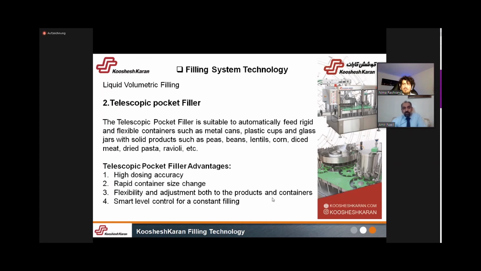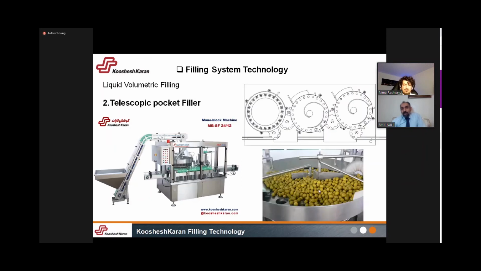This is the shape of the telescopic pocket filler. As you see, this kind of machine is for filling olives inside the jar. And we have, for example, different kinds of telescopic pocket filler. For example, this model machine has two sections.